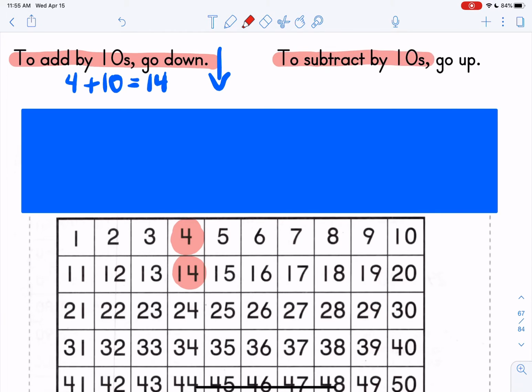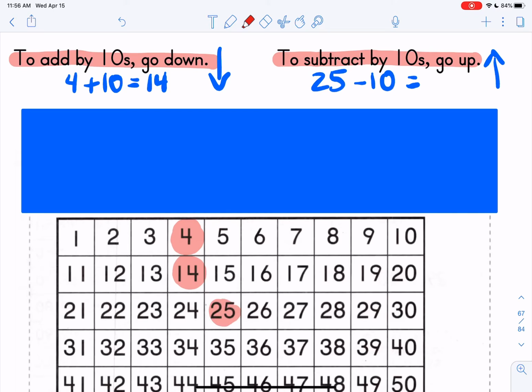The second thing you need to remember is this. To subtract by tens, you go up. So let's say you had a problem like this: 25 minus 10.